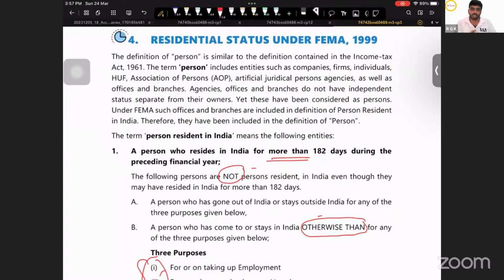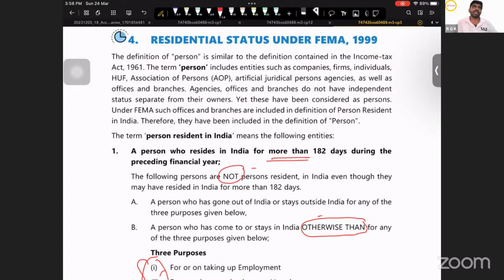Vocation means a type of profession only. Occasional things that you do are also a kind of profession. And third one is for any other purpose, the period of stay being uncertain. We don't know up to what period we are going to stay outside India. Then the person will be classified as PROI, person resident outside India. Otherwise, the person is classified as person resident in India.